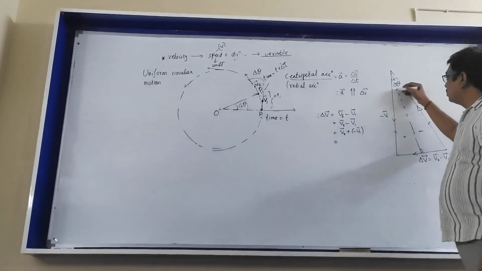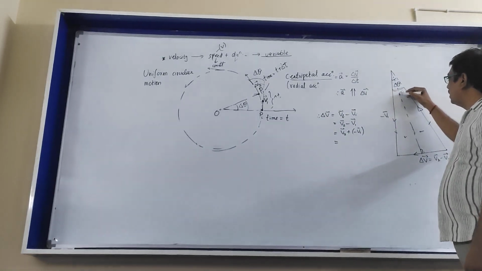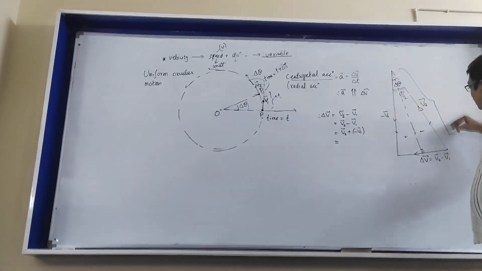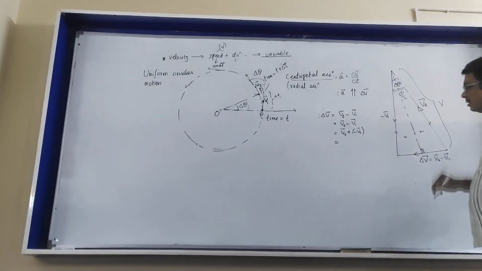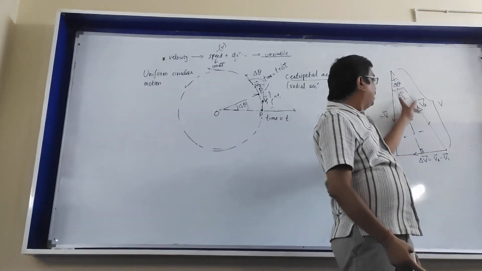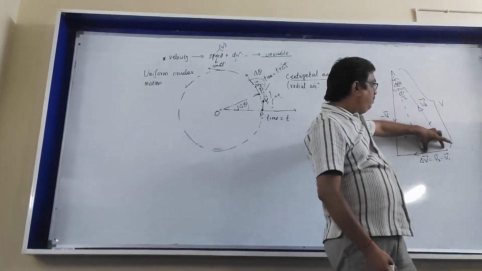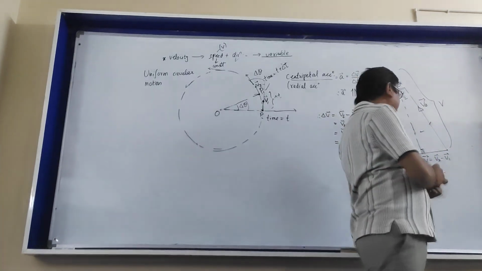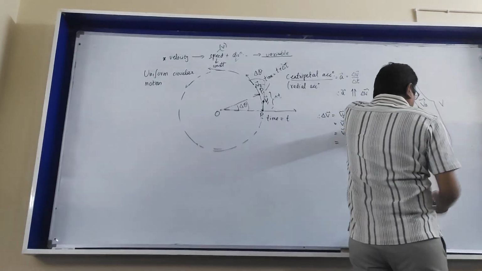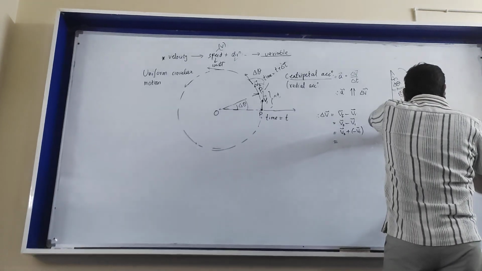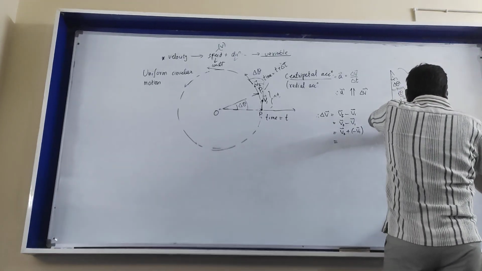So congruent means duplicate. So we get two same-to-same triangles. That means these two angles will be the same, so each of them will be half of delta theta. And this length below is v. This is a right angle. So in this right-angled triangle, with respect to this angle, this is the perpendicular. Perpendicular is equal to hypotenuse into sine. So this part will be v sine delta theta by 2.